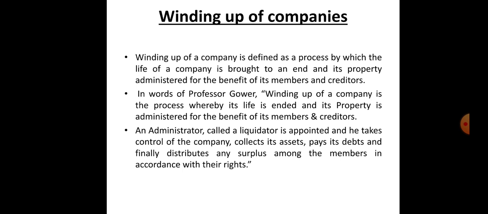An administrator, who is called a liquidator, is appointed and he takes control of the company, collects its assets, pays its debts, and finally distributes any surplus among the members in accordance with their rights.